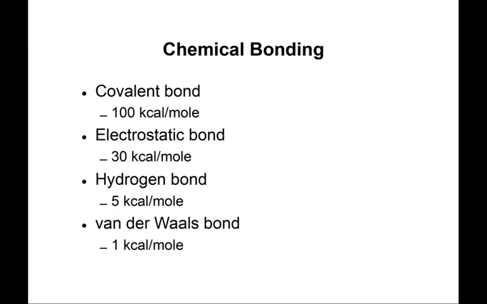So when we put our DNA onto the surface, the negatively charged DNA can be bound by this electrostatic bond onto the surface. Okay, and then you can see that the energy of the electrostatic bond is only 30 kcal per mole.